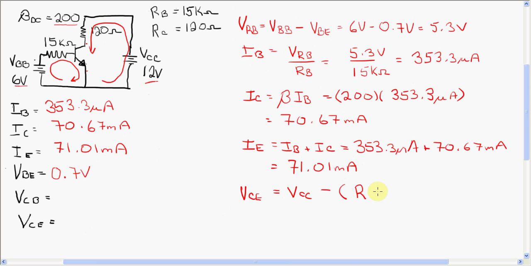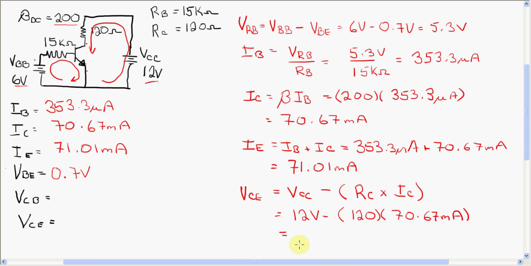We don't know the resistor voltage, but we know the size of the resistor and how much current's flowing. Those combined give us the voltage drop. So 12 volts minus the 120 ohm resistor times IC of 70.67 milliamps, which is 8.48 volts.